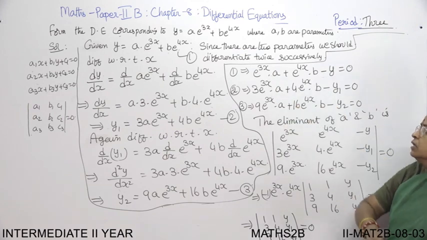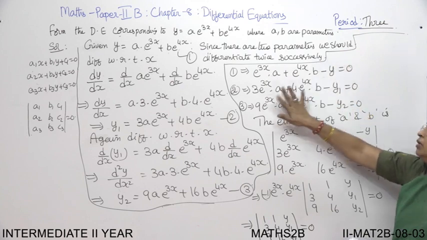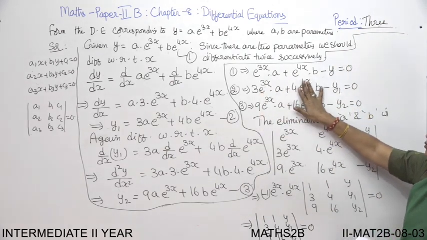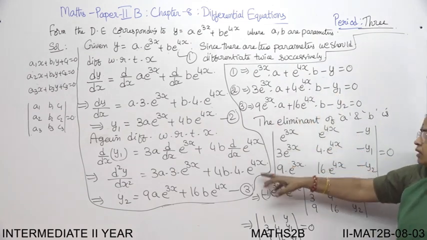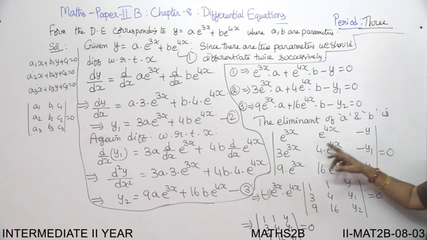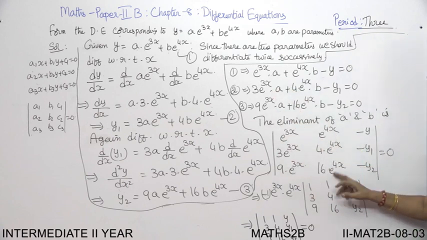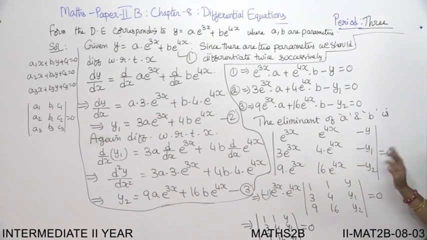So write it as a1x plus b1y plus c1 equals 0. In the same way, write the second equation as a2x plus b2y plus c2 is equal to 0, and the third like that. So the eliminant of a and b is the determinant of the coefficients a1, a2, a3, b1, b2, b3, c1, c2, c3, is equal to 0.